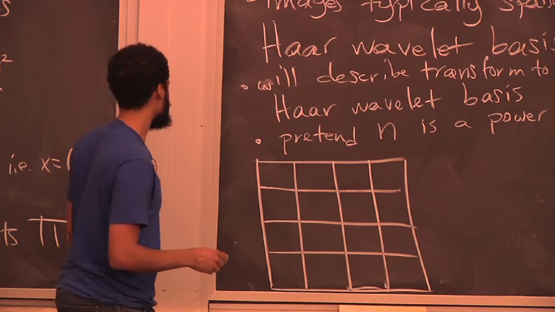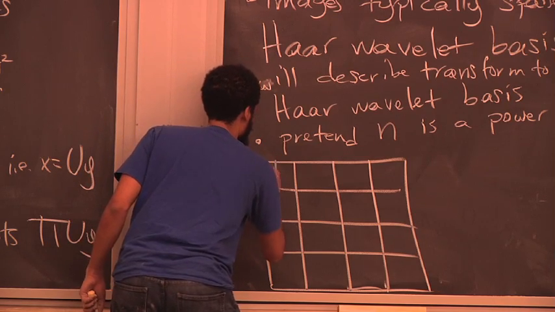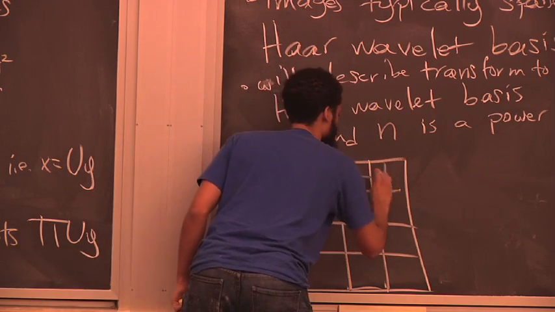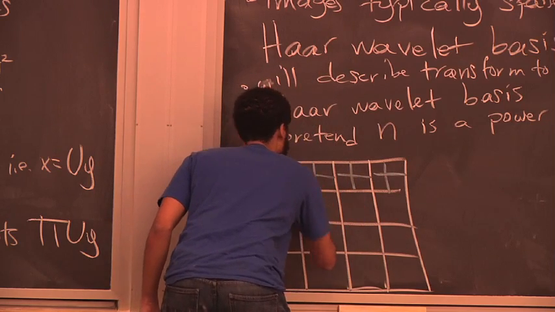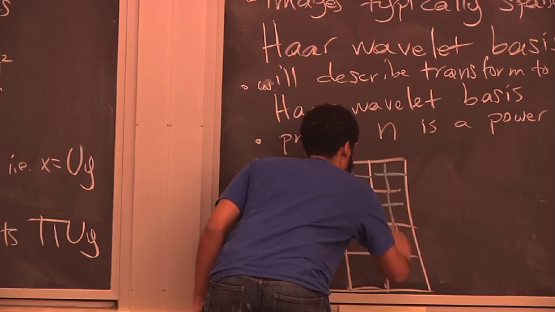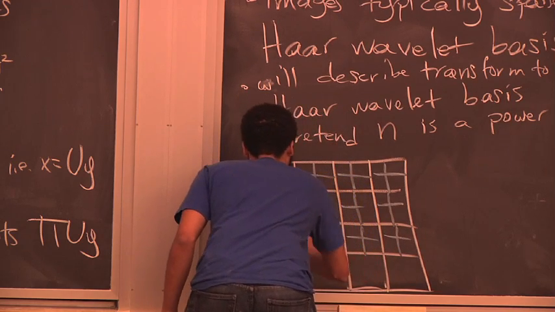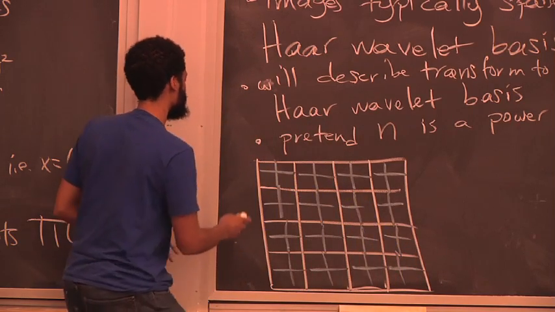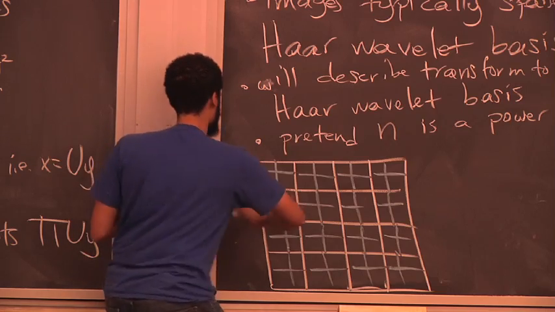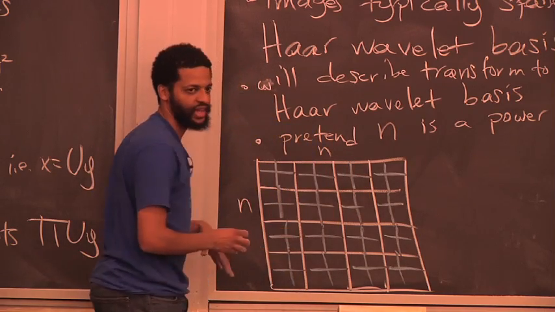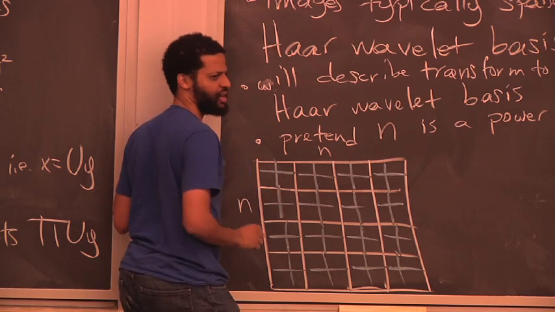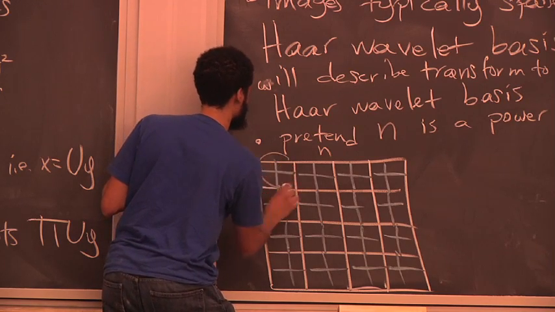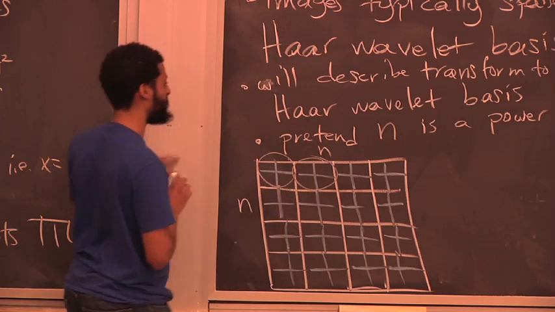So this n by n image I'm viewing as n over 2 by n over 2 blocks. It's going to be a recursive algorithm that computes the transformation. So this is one block, this is another block, etc.